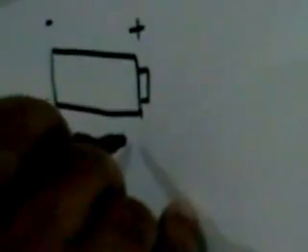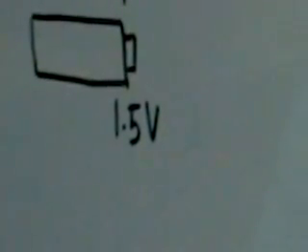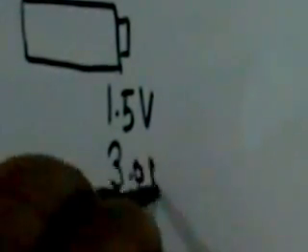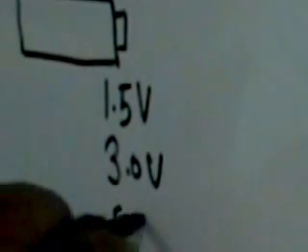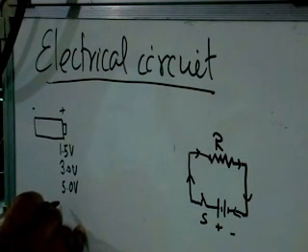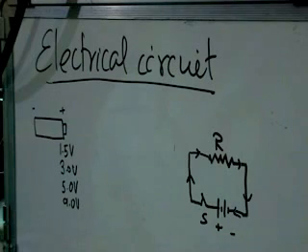In some other batteries it will be written 3.0 volt or even 5 volt, or they come in the range of even 9 volts. That means that is the maximum amount of voltage they can supply to the loads.